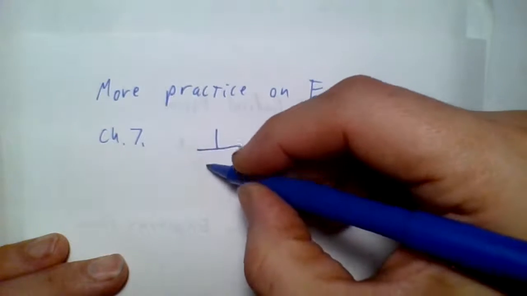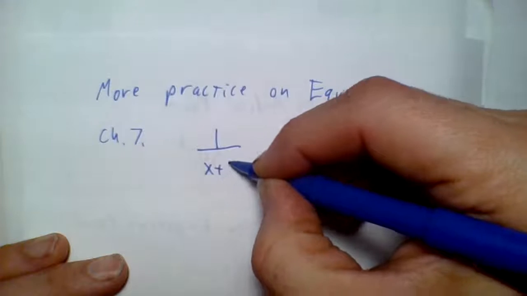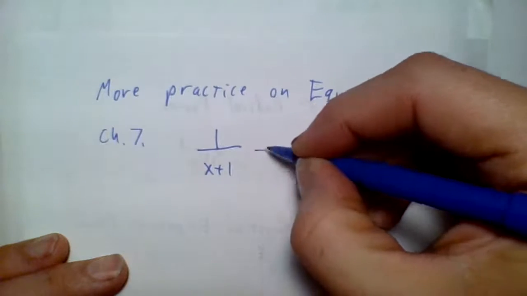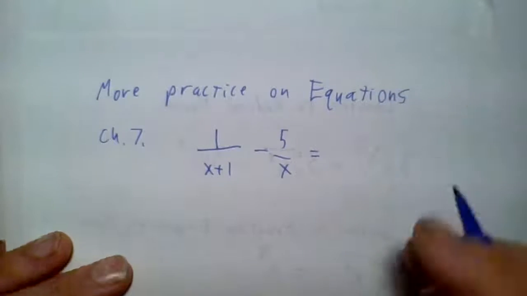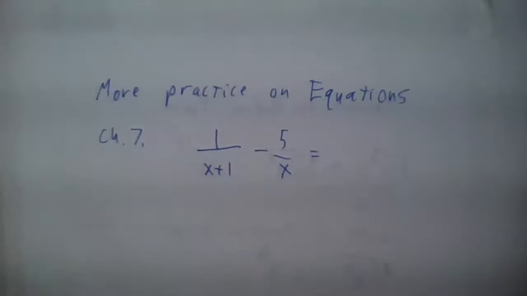We had stuff like these kinds of expressions with fractions, with variables in the denominator of things, and that makes the equations a little harder to deal with, of course.